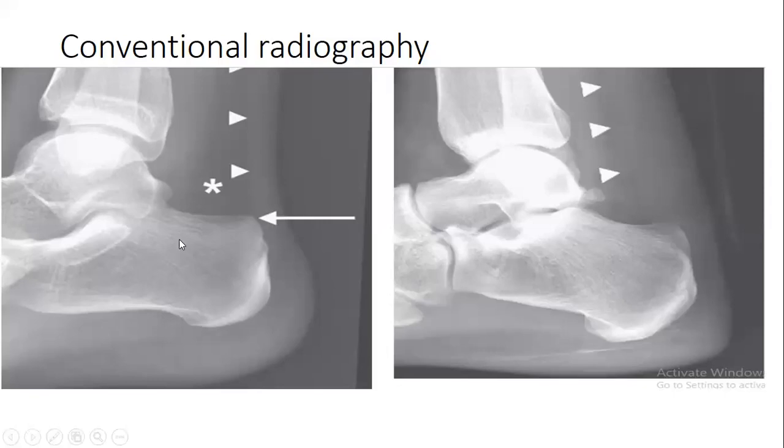When we get to the image on the right, what we are picking here is that if you compare the size from here to there and this one from there to there, you can see that this one is enlarged, for lack of a better word, which means there must be pathology.